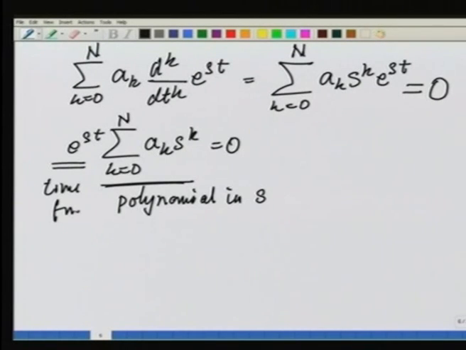So, e to the st is a function of time and that is getting multiplied by a polynomial in s, and this product of this polynomial times the time function e to the st is identically 0. By identically 0 I mean that it is 0 for every point of time.